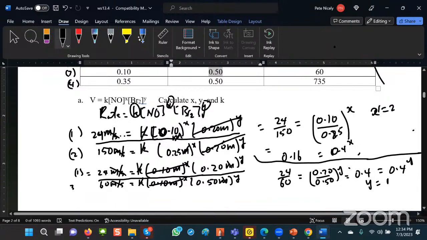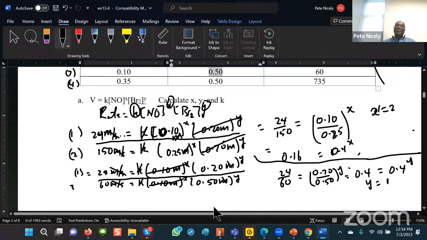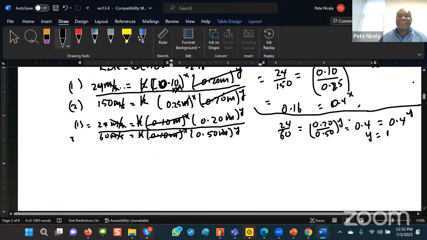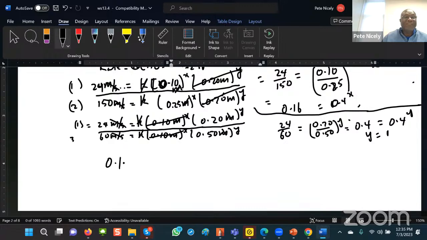Well, you could actually do it by inspection, because I could tell that 0.4 squared is 0.16. But another way of doing it, let me just show you here, is finding the logs of both sides. 0.16 is equal to 0.4 raised to the x. If you find the log of both sides, this is something you should have learned in algebra.